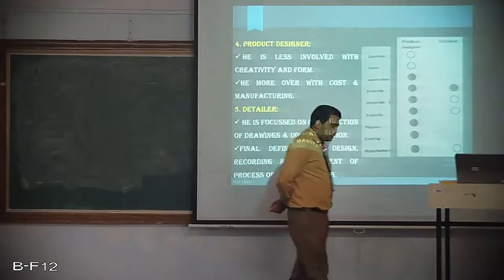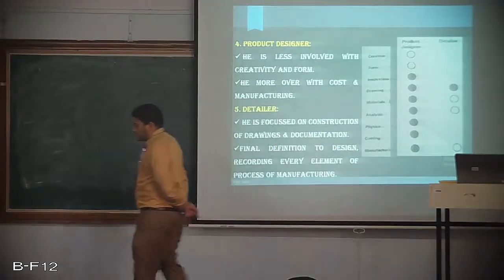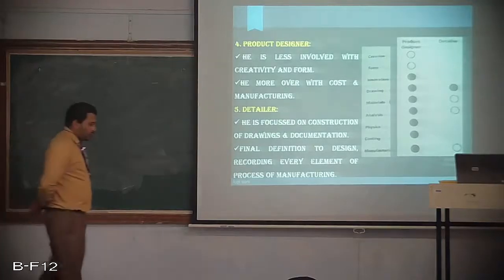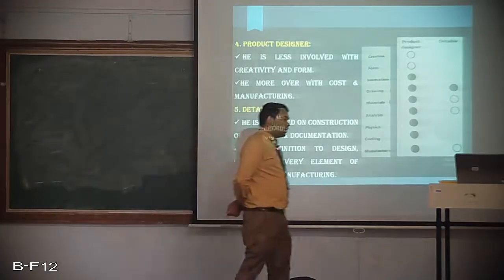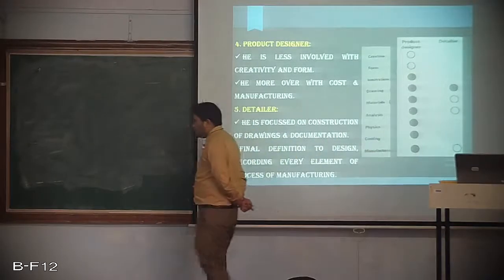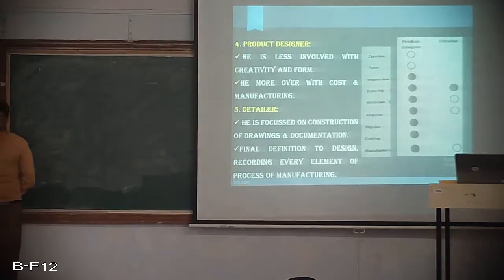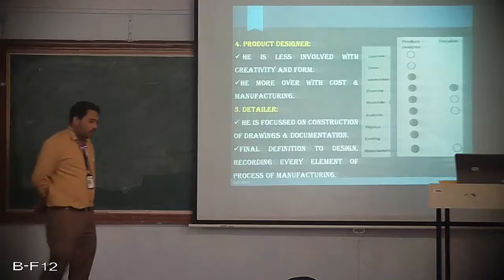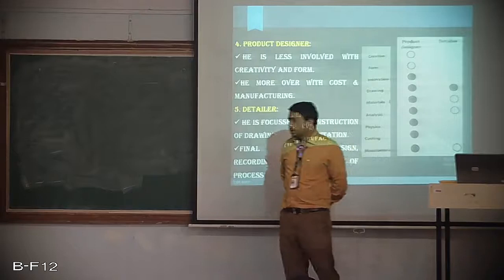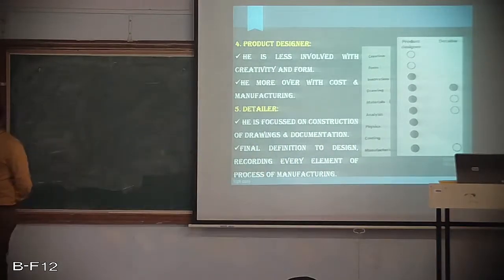Whenever the concept design is finalized by the design engineer, the detailer will detail the drawings in 2D, converting the 3D into 2D and labeling all the dimensions required for manufacturing. That is the first function. The second function is documentation: whenever a part comes into or goes out of the industry, he must keep track of the inward and outward movement of the parts.